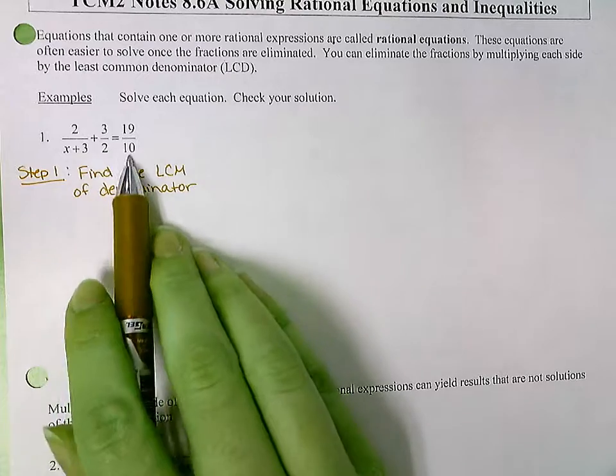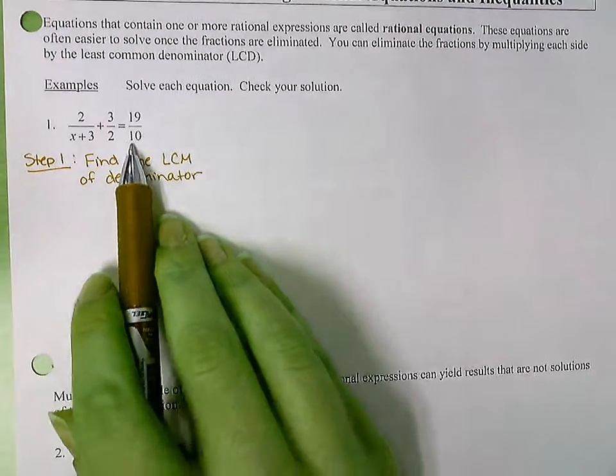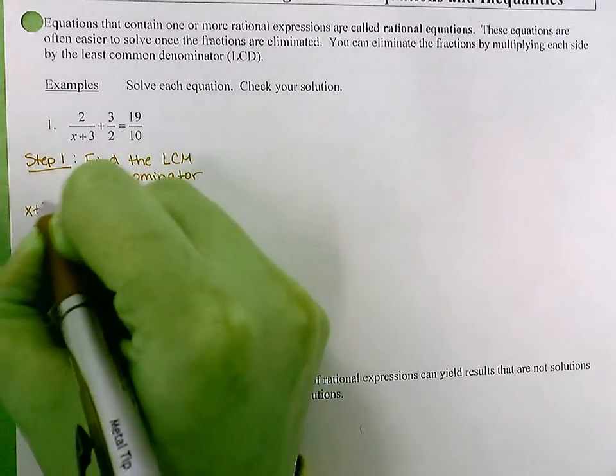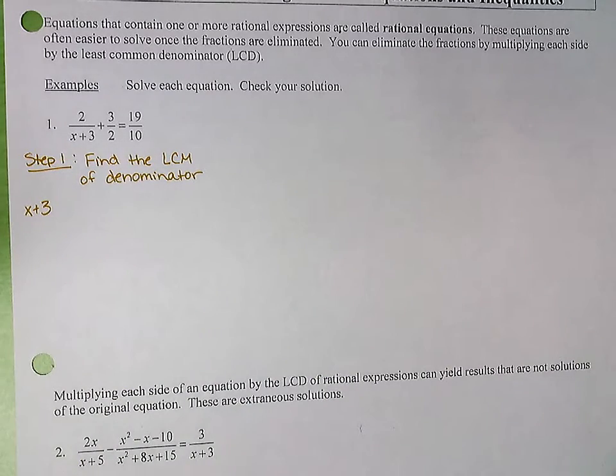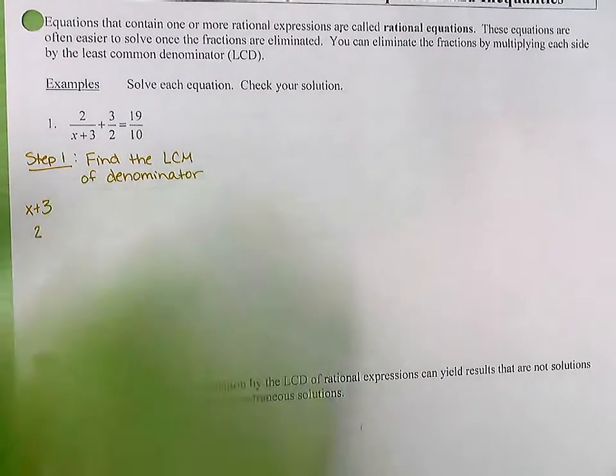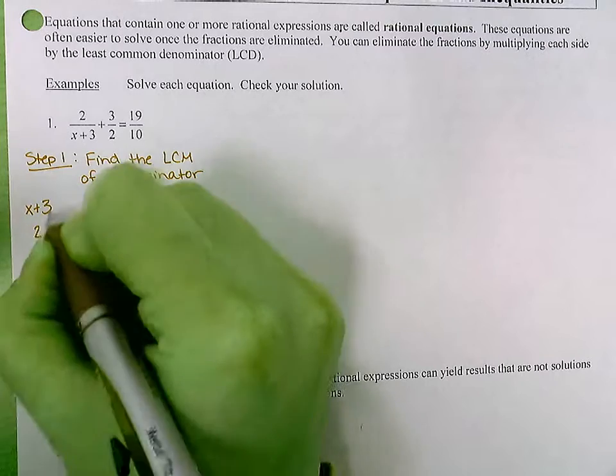Okay, so I have all three denominators. I have x plus 3, I have 2, and I have 10.